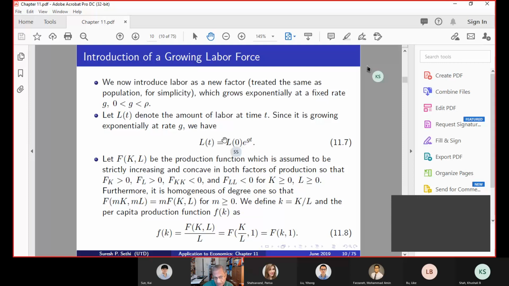So I have this amount of labor at L0, and it's growing at the rate g. So at time t, the labor that the society has is this amount. Basically it's a birth rate in some sense. So that gives you the number of people growing.